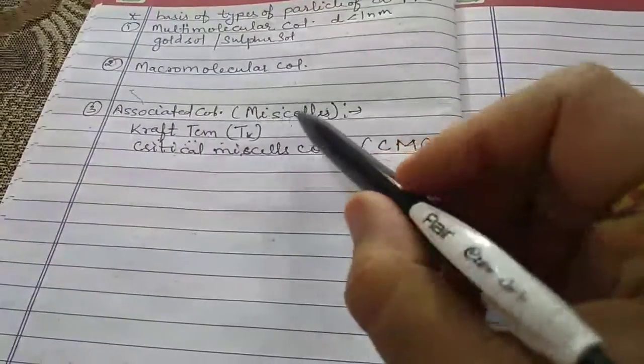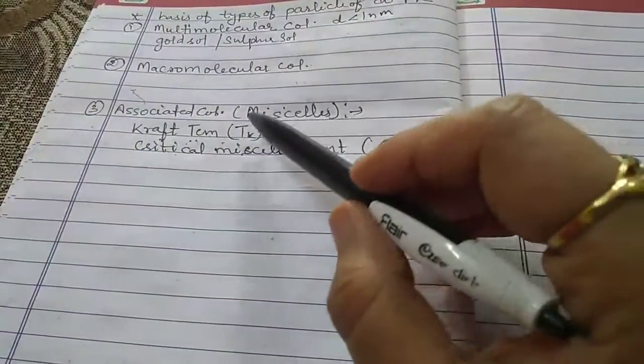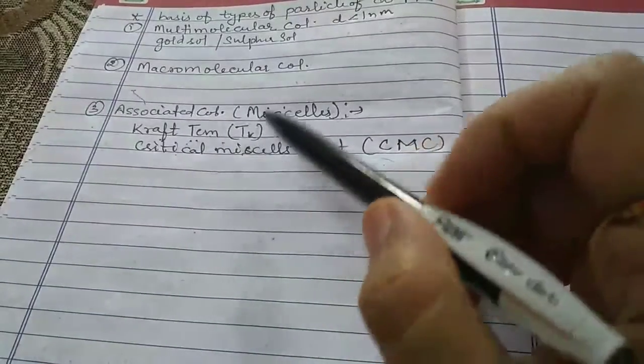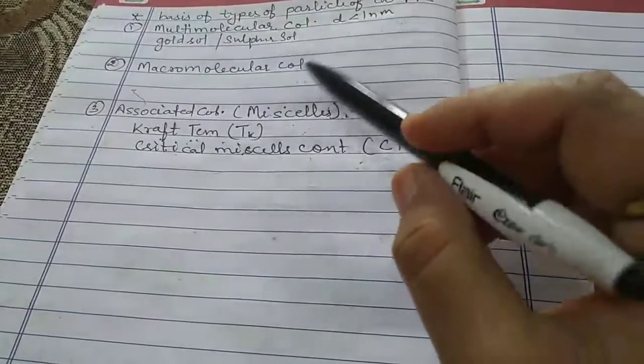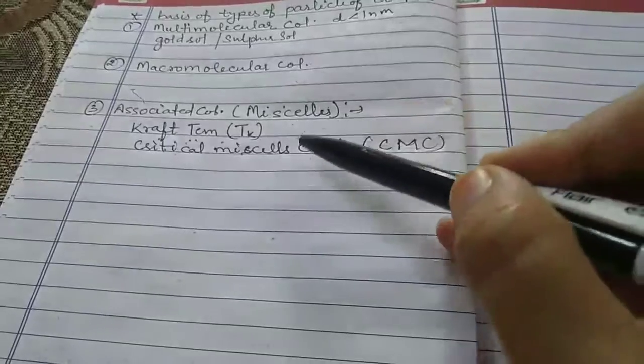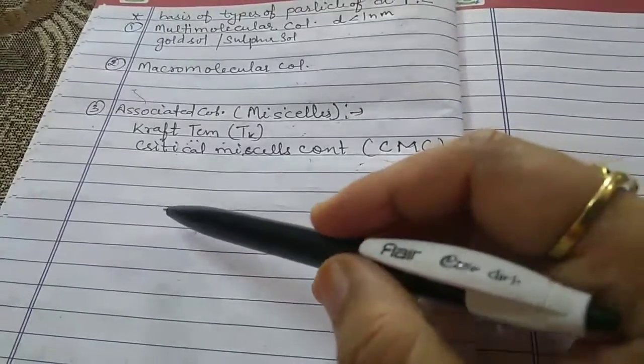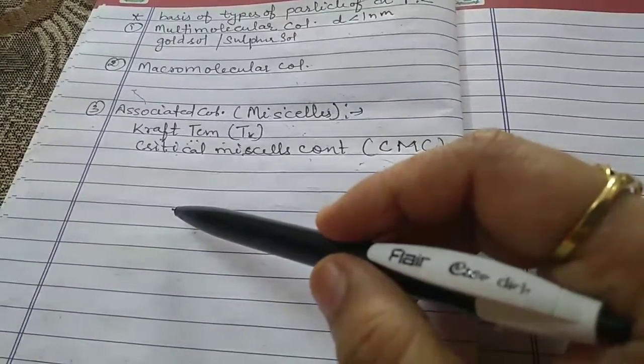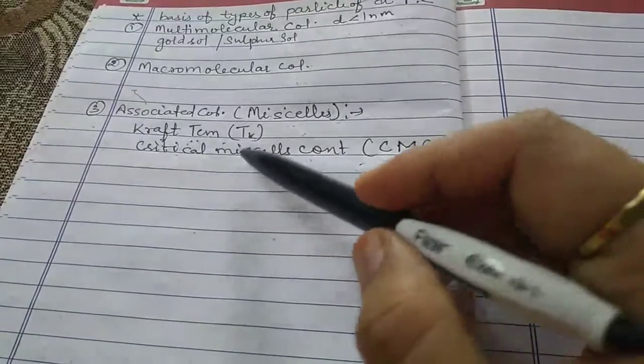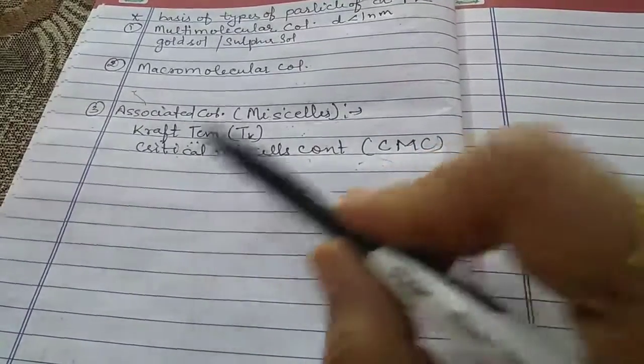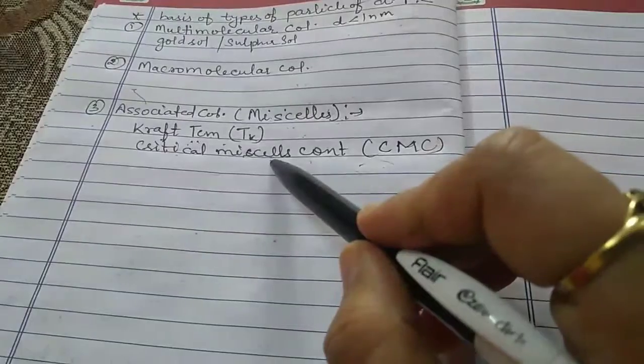Now let us discuss the micelles in short, because we all know about the micelle, how the micelle forms, and how the cleansing action of the micelle takes place. We know very well that the soap molecule contains two parts: one is the hydrophilic head and the other is the hydrophobic tail.